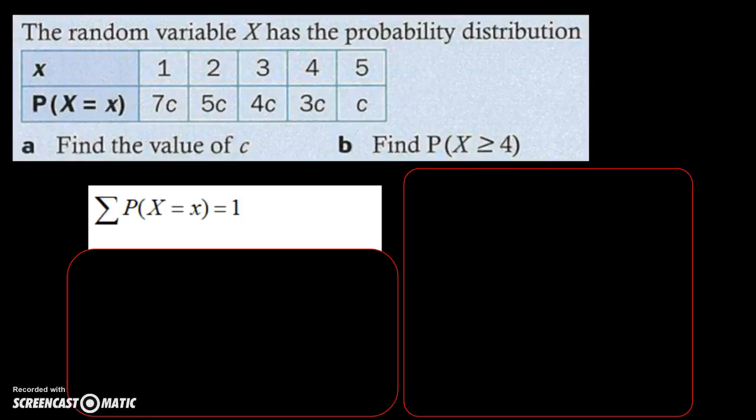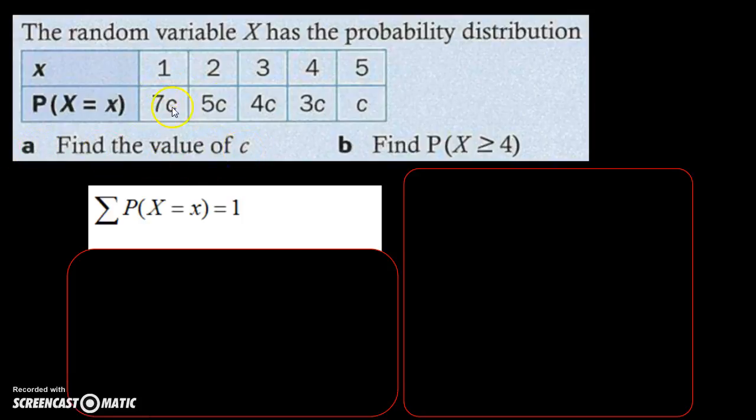Okay, welcome back. Now, we have a random variable x, and it says that the probability distribution is given in this table. However, there's no context. We're not talking about number of heads. We're not talking about number of broken cones or whatever. There's no context here, but that's okay. For part A, they want us to find the value of c.